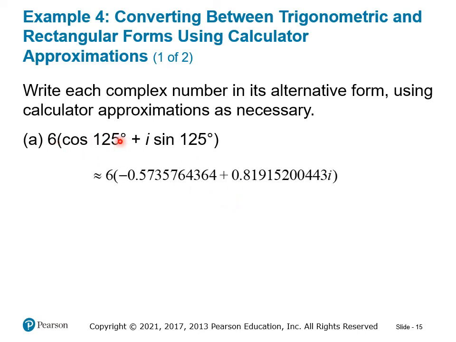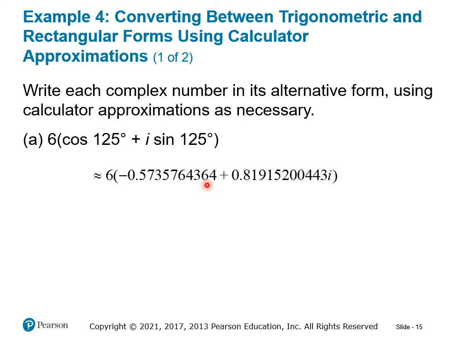If we find the cosine of 125, we get negative 0.5736. The reference angle here is what? 55. It's not one of our known angles, so that's how we would know to use the calculator.